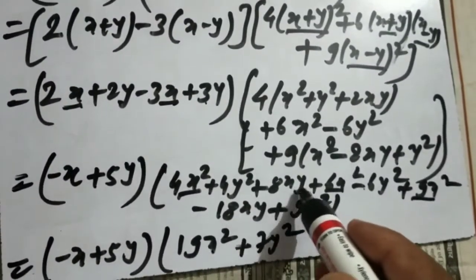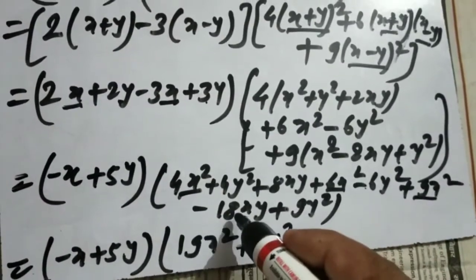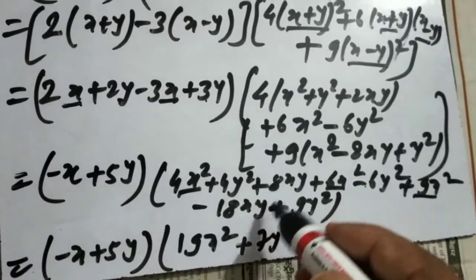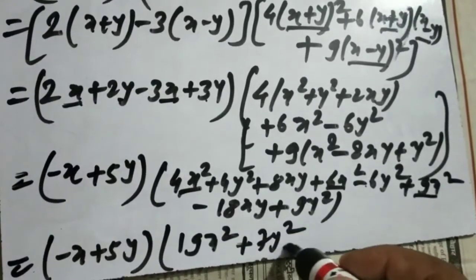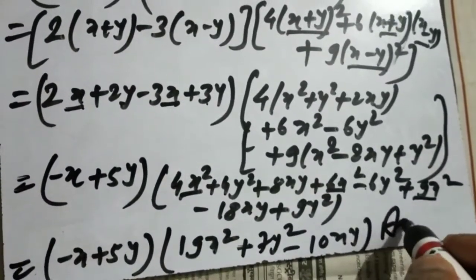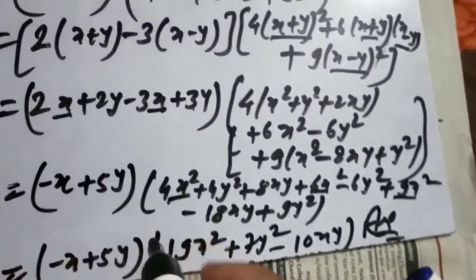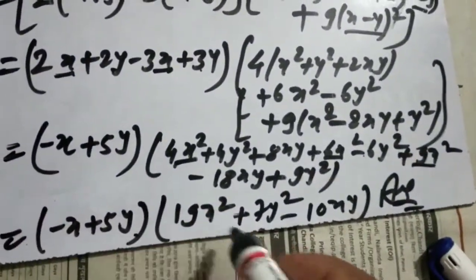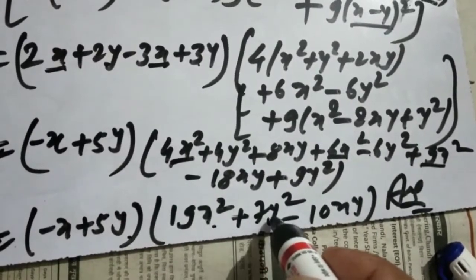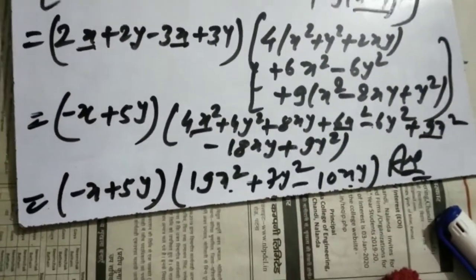And 8xy is here and minus 18xy is here. 8xy minus 18xy will be minus 10xy. This will be your final answer: minus x plus 5y, into 19x square plus 7y square minus 10xy.